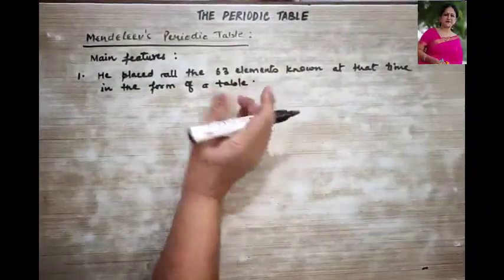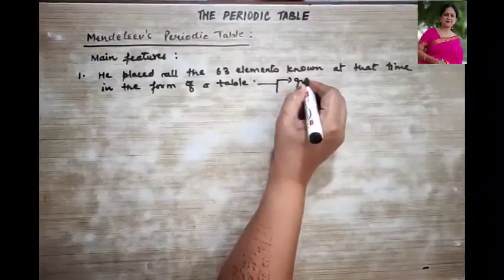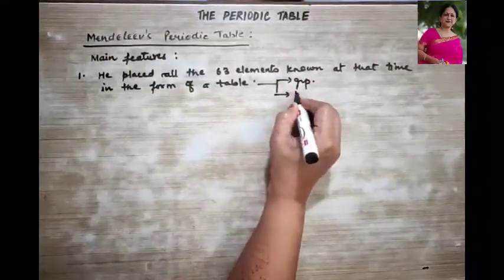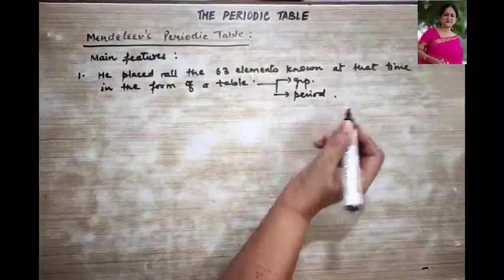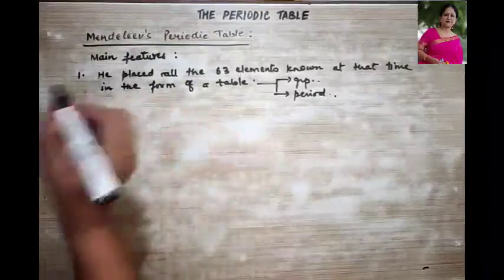Clear? So what did that table contain? That table had groups and periods. It was divided into groups and periods. So what did he mean by group and what did he mean by period?